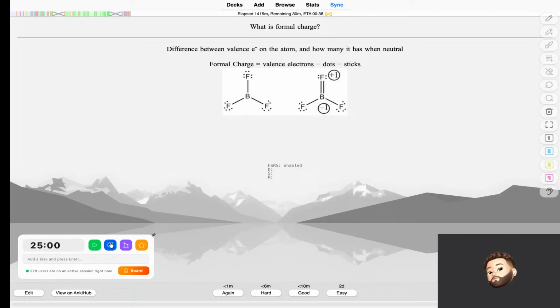Okay, so subtract the number of lone pair electrons individually and the number of bonds it has from the number of valence electrons that it normally has.